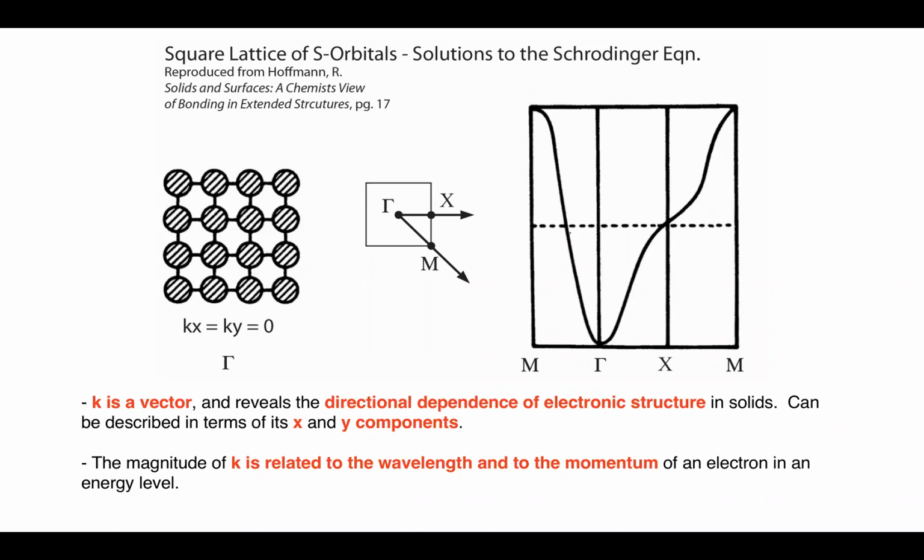It's not just an index along the chain. Now it can point in different directions. So we're going to talk about its X and Y components of making up these wave functions. And the magnitude is related to the wavelength or the momentum of the electron. Pi over A, so you have directionality, and you have wavelength.